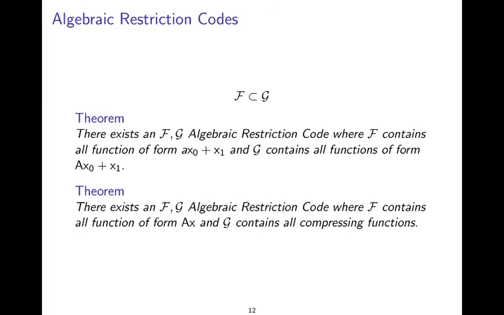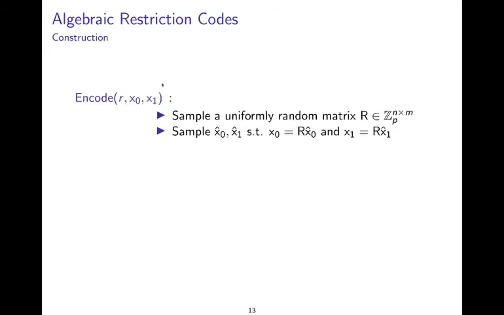Now I quickly want to go over the first construction. In this construction we get two inputs, x0 and x1, each of length n. What we do is we sample a uniformly random matrix R of size n times m, where m is bigger than n. Then we sample x0 hat and x1 hat such that R times x0 hat is x0 and R times x1 hat is x1.